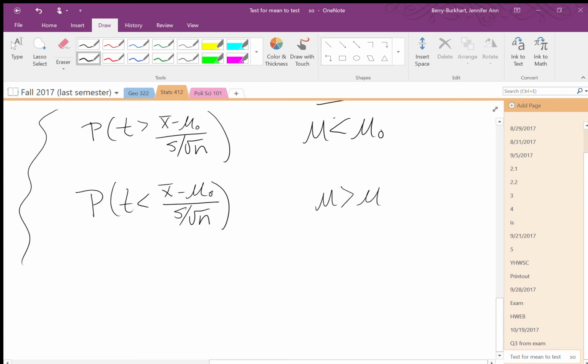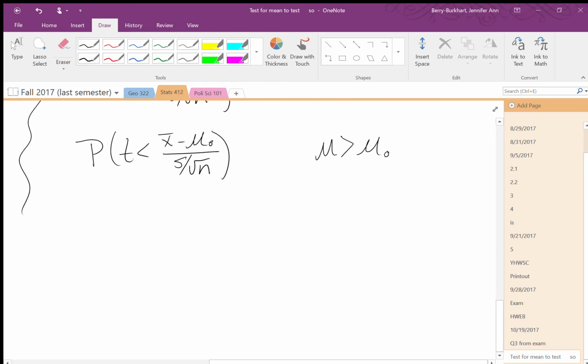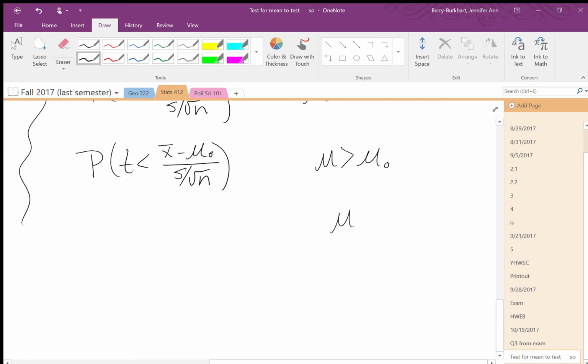Okay. And for mu not equal to mu naught, that's going to be 2 times P, where T is greater than the absolute value of (x bar minus mu naught) over (S over the square root of n), where I only take the positive value.